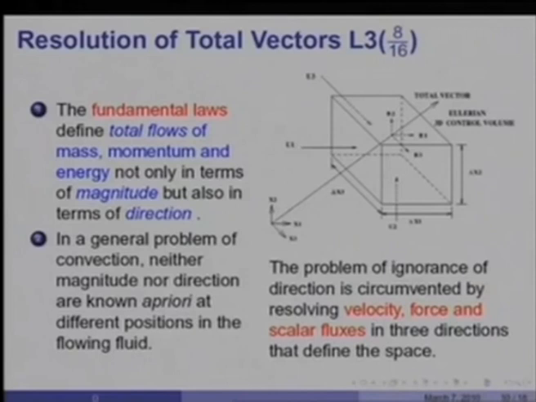So, there are two properties involved: the magnitude of the total flow and the direction of the total flow. To the extent direction is involved, all these flows are vectors, say a total vector. Now, the trouble is that when the fluid flows through a duct or flows over a turbine blade or something like that, at every point in the flow, I simply do not know the direction of the total vector a priori.